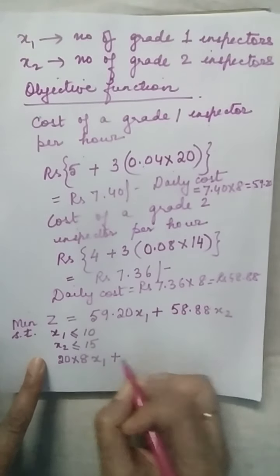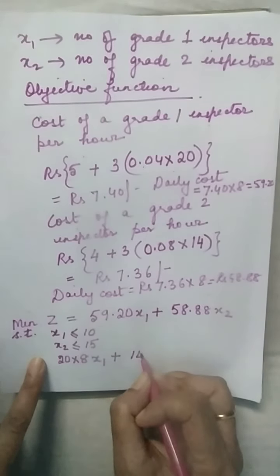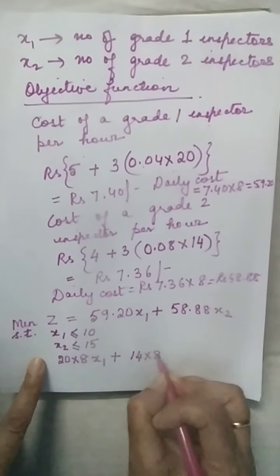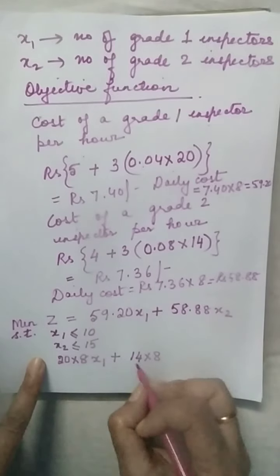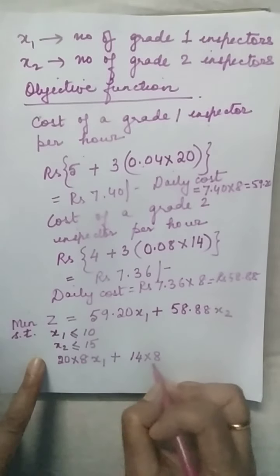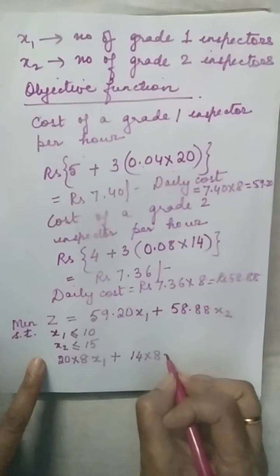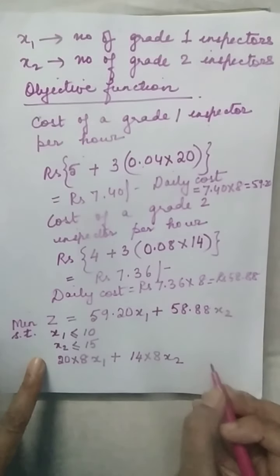Similarly, one grade 2 inspector checks 14 pieces in an hour, so in an 8 hour shift he checks 14 into 8, and we have x2 such inspectors.